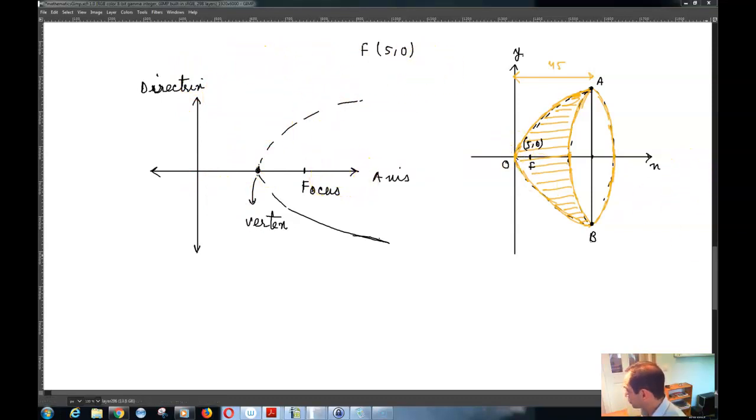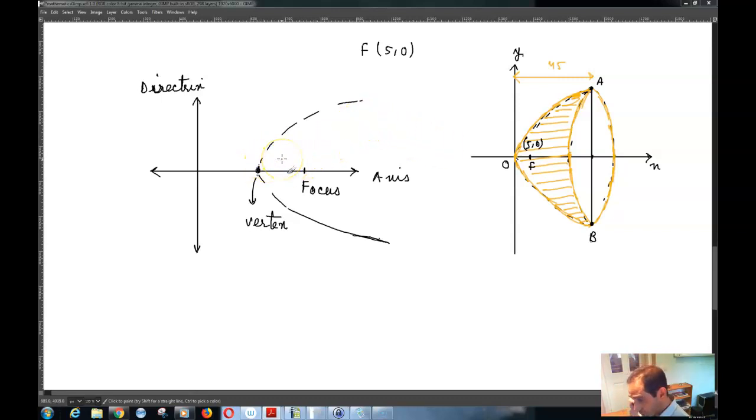Now, through all that we did, when we derived the equation of a parabola, we put the vertex at the origin.